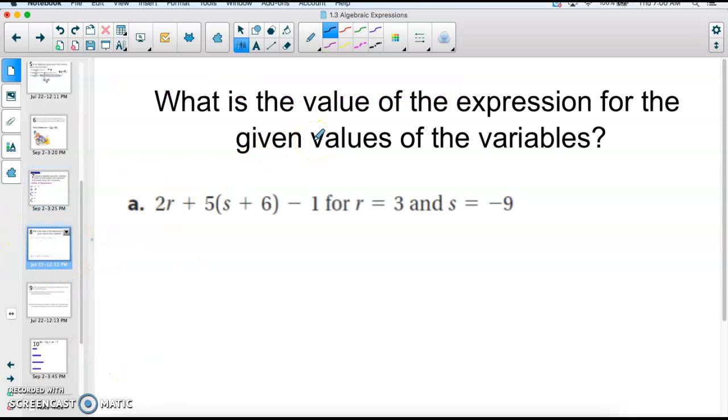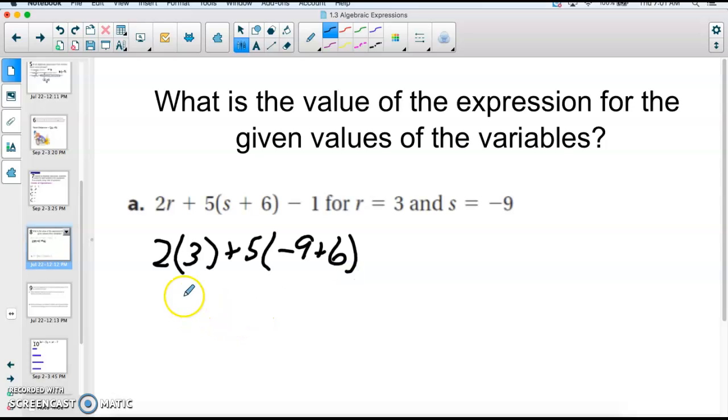All right, so the given value of the expression for the given variables, and we need to plug in 3 for r, and -9 for s. So first one, we're going to do 2 times 3 plus 5 times the quantity, -9 plus 6.